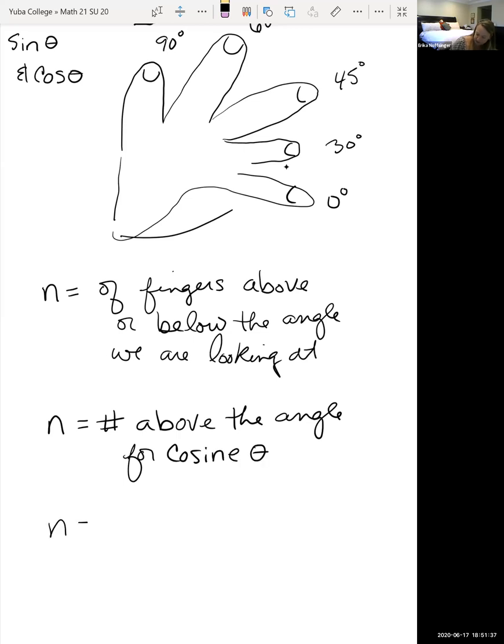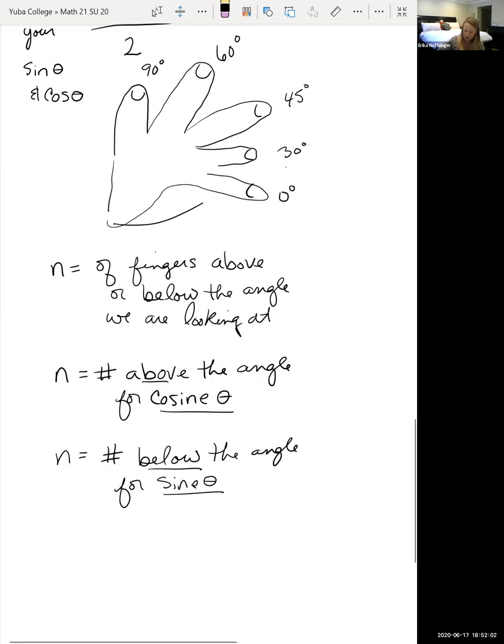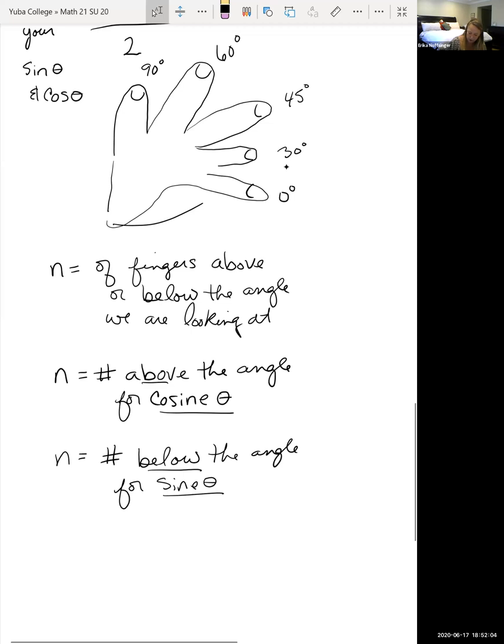And n equals number of fingers below the angle we're looking at for sine. Okay, so again, the formula is going to be square root of n all over 2.